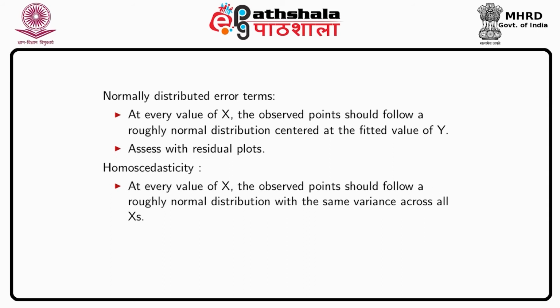Now the third and a very crucial assumption in the linear model is that the error terms are normally distributed. So at every value of x, the observed points should follow a roughly normal distribution centered at the fitted value of y. At the onset of the discussion of the linear regression model, we have seen that the major assumption made is that for each given value of x, y follows a normal distribution with a certain mean value and a given standard deviation.